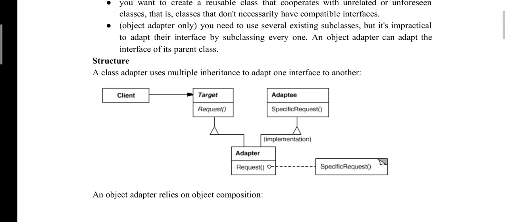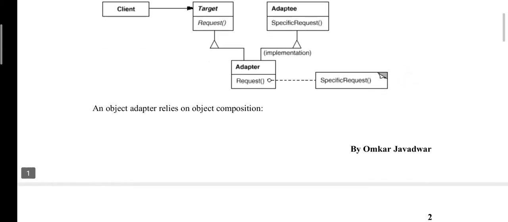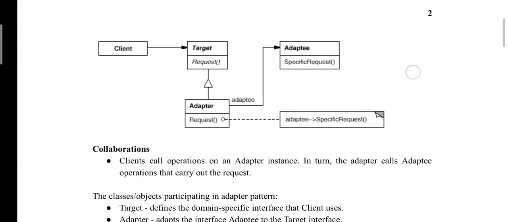Why do we need to do that? To adapt one interface to another. You have to take the interface of the multiple base classes into the single derived class. That is the actual work done here. An object adapter realizes an object composition. Okay, this is the structure of the adapter design pattern.